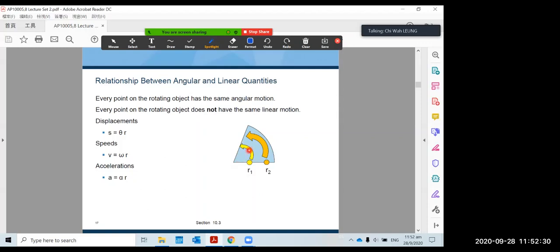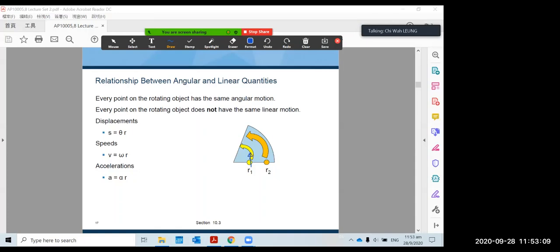So the arc length s for the yellow particle is theta times r1. The arc length for the orange particle is theta times r2. Similarly, we could derive the equations for linear velocity and linear acceleration for the particles. And these linear velocity and linear acceleration, strictly speaking, have a direction that is tangent to the rotational motion.